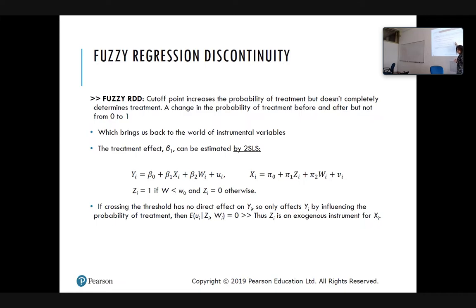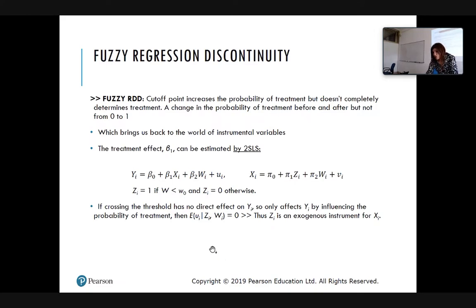So the instrument, which is assumed to be exogenous but relevant, so it affects whether you get the treatment, and the assignment variable W. Okay. So this is an application of the instrumental variable inside the regression discontinuity design.